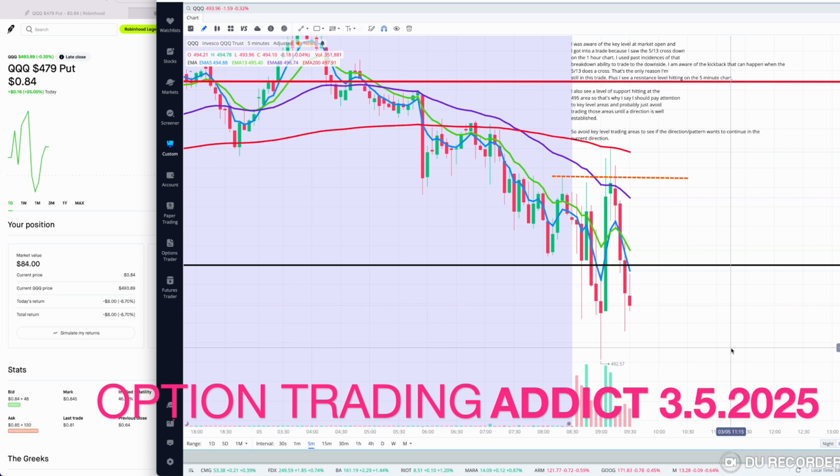The 513 cross is just something I've always noticed on the chart. When I see this, big moves happen. And that's what I'm waiting for. I'm trying to catch this big move from the 513 crossover on the 1 hour chart.